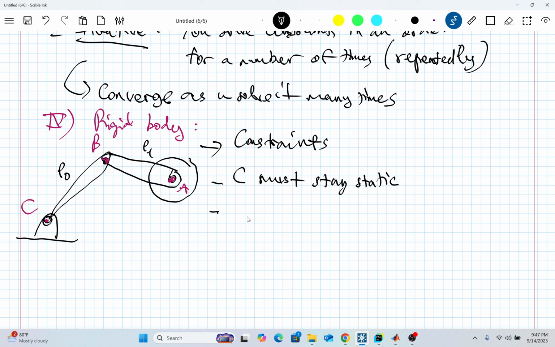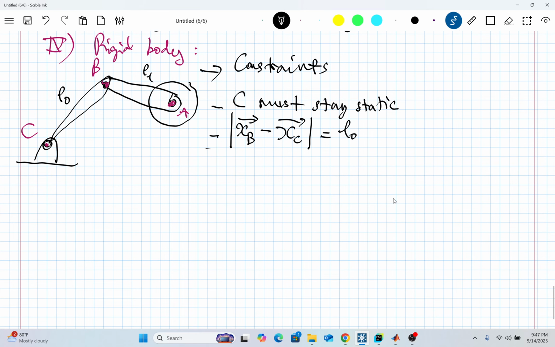XB minus XC must equal L0, which means the length between B and C must be L0, and the length between XA and XB has to be L1. And this is a set of constraints that you have to solve when you are simulating this robot arm.